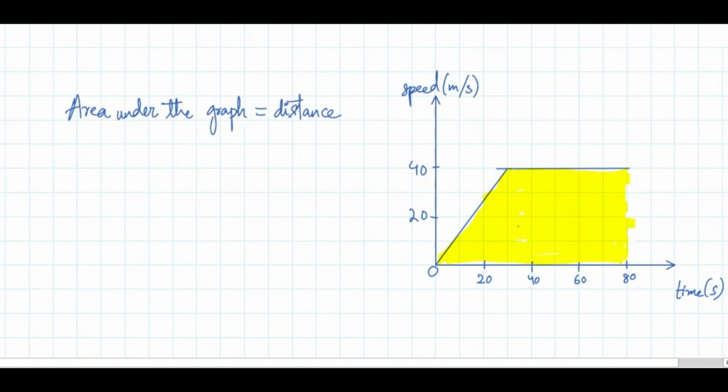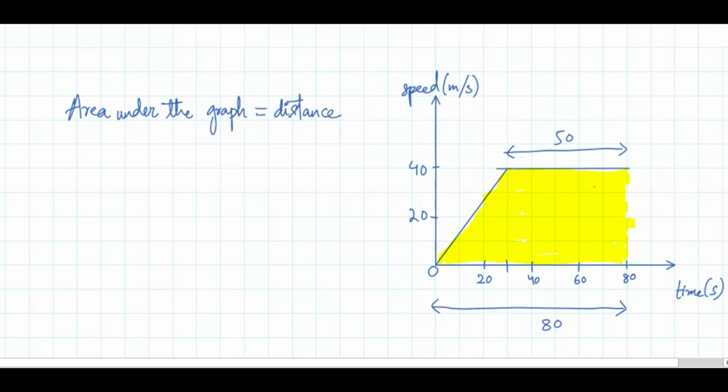There are two ways that you could find the area under this graph. Either you could think of the shaded region as a trapezium, with the sides being this side is 80, and this side goes from 30 to 80, so that's 50.